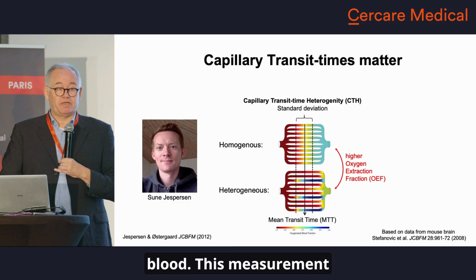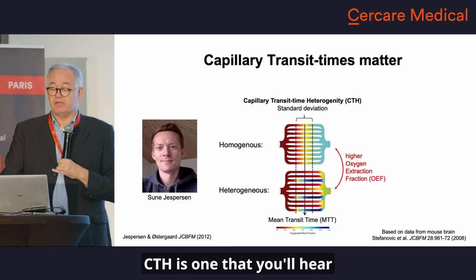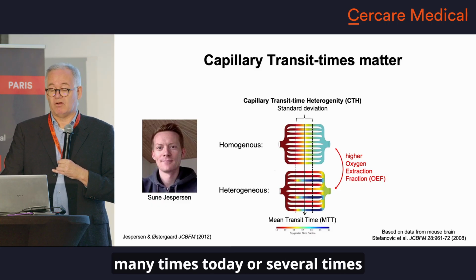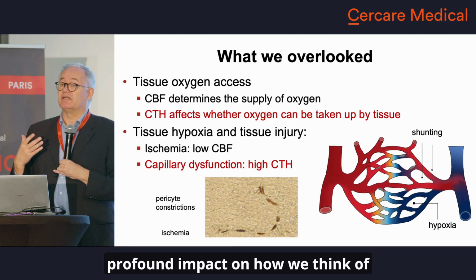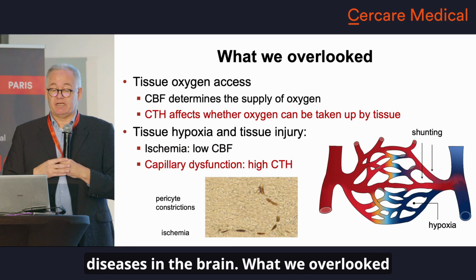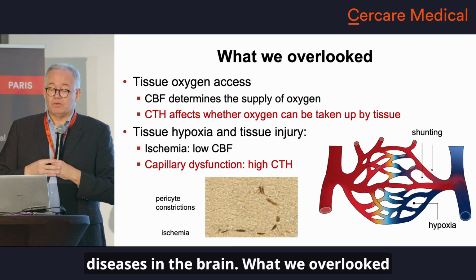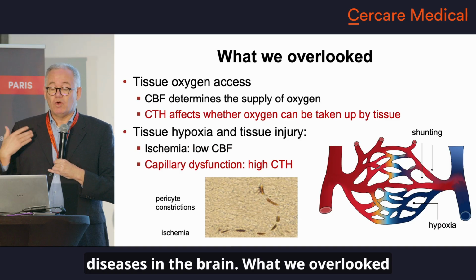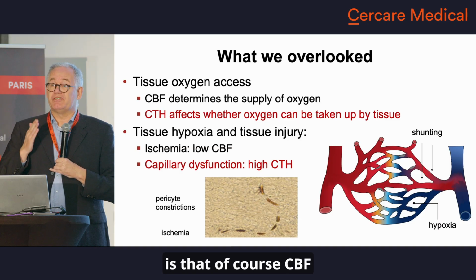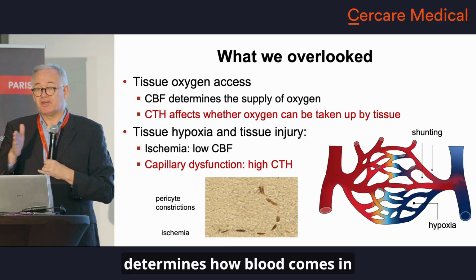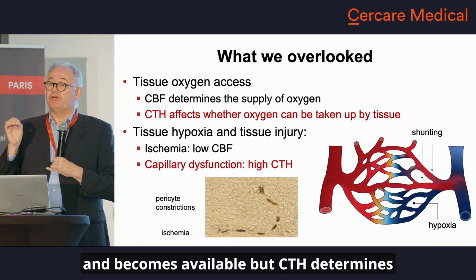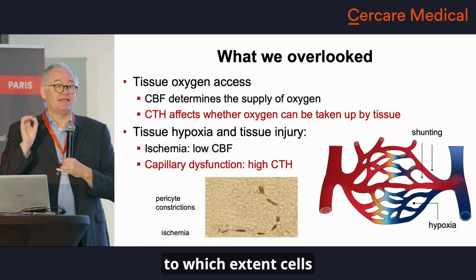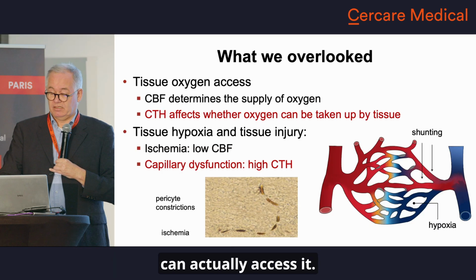This measurement, CTH, is one that you'll hear several times today. It has a profound impact on how we think of diseases in the brain. What we overlooked is that CBF determines how much blood comes in and becomes available, but CTH determines to what extent cells can actually access it.